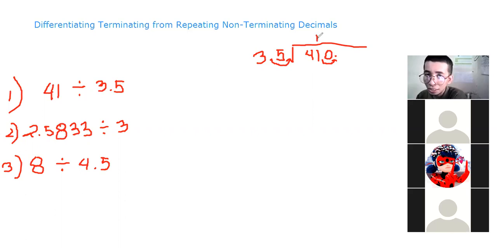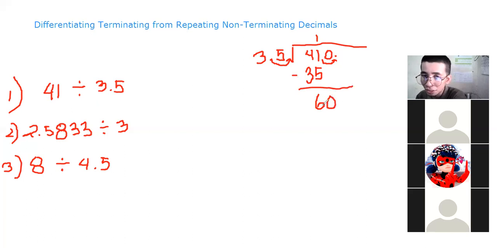Then i-multiply natin sa 35. 1 times 35, that is 35. And the answer will be subtracted from 41. 41 minus 35, that is 6. Since we cannot divide 6 into 35, we're going to bring down 0.